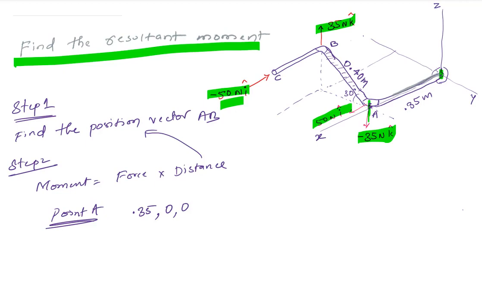Okay, so same way point B. Okay, so point B is here, right? So the distance along x is the same, 0.35.